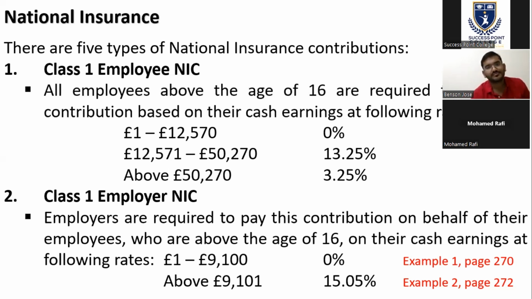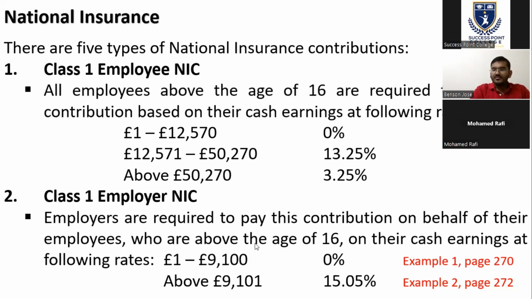The salary of 60,000 the employer has already paid, and the employee has paid class 1 employee NIC on that, which will be deducted from the employee's salary. But class 1 employer NIC will not be deducted from the employee's salary. Instead, the employer will pay this as an extra additional amount other than salary, but it is also based on the same salary.